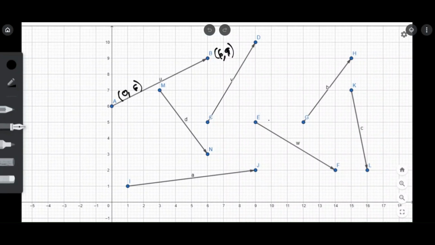Let me pick this one. The coordinates of this one are 9, 5, and the coordinates here are 14, 2. So I want to find the equation of this line that is passing through these 2 points, 9, 5 and 14, 2.